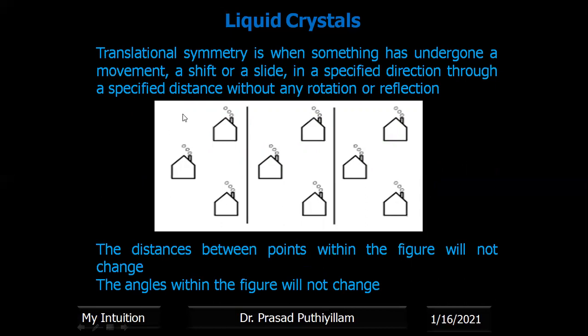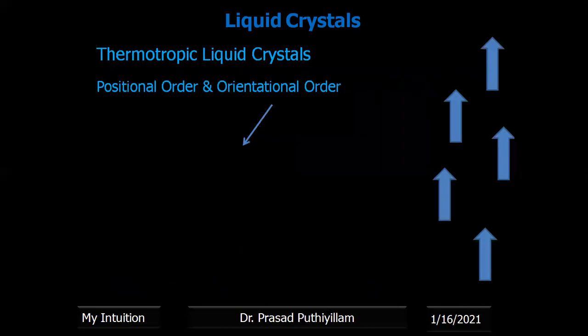You can see the first image: it slides to the right, further slides to the right, but there is no rotation or reflection as such. The distance between the points within the figure does not change, and the angle is also not changing, then we call it translational symmetry. So positional symmetry is a part of translational symmetry.